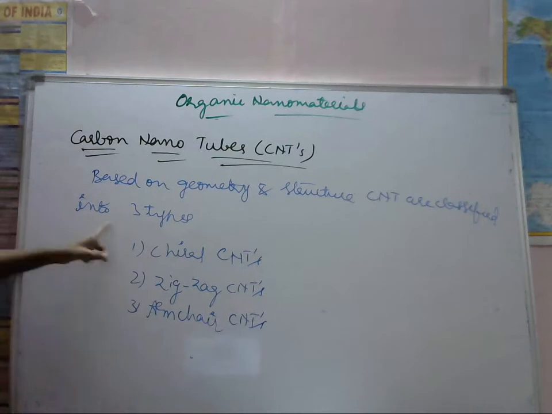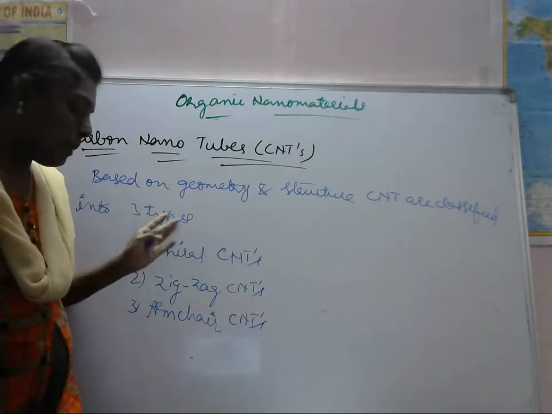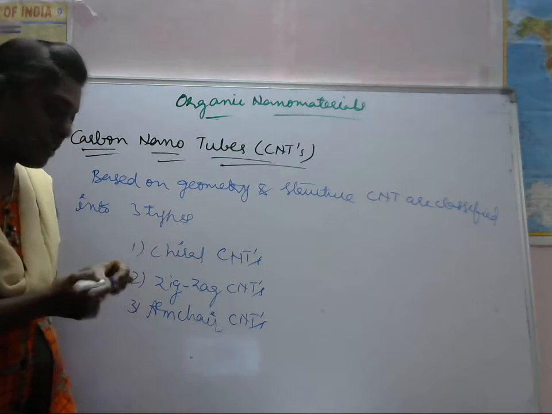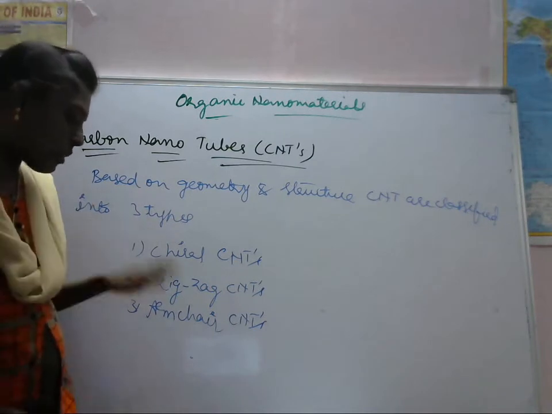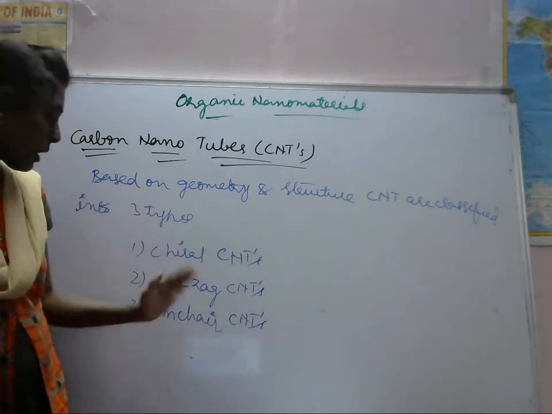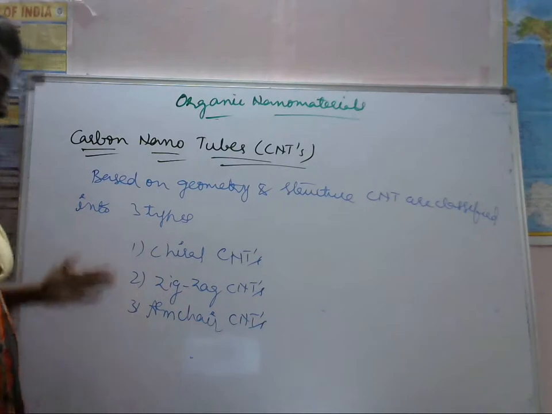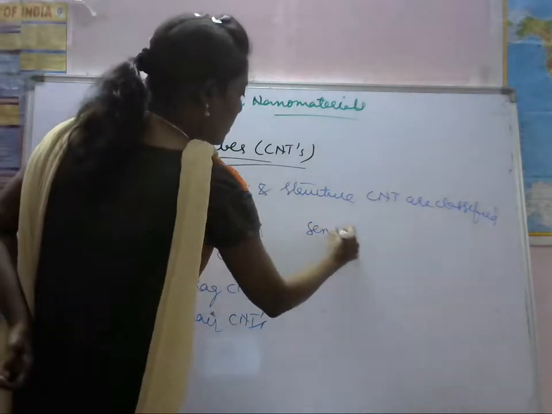So actually carbon nanotubes exhibit conductivity, as I said earlier, and this conductivity nature is because of the structure. Because of this structure, these have semi-conductivity. Two types are there.